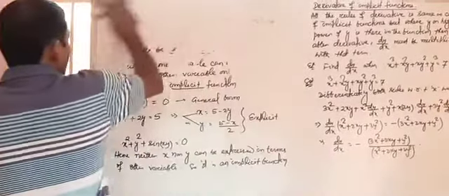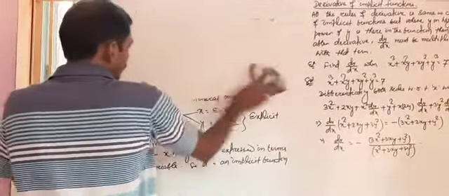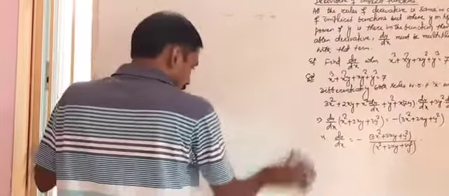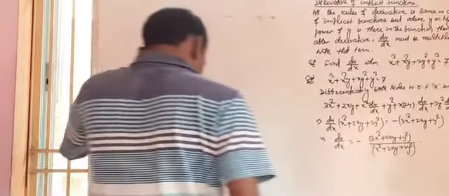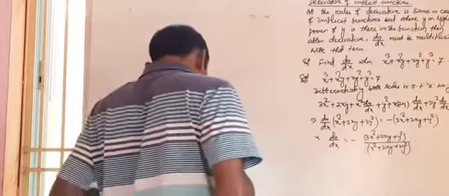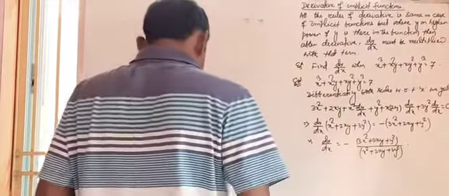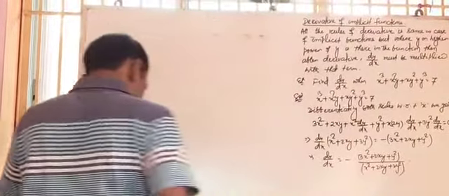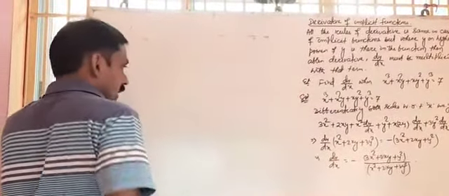Suppose an extra question from a reference book. In your textbook, in exercise 5.3, here I have already solved one question of this type. Now question number 7 of exercise 5.3.